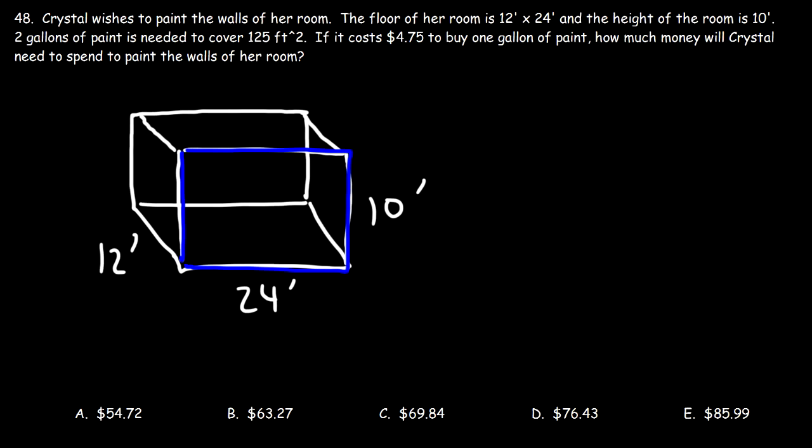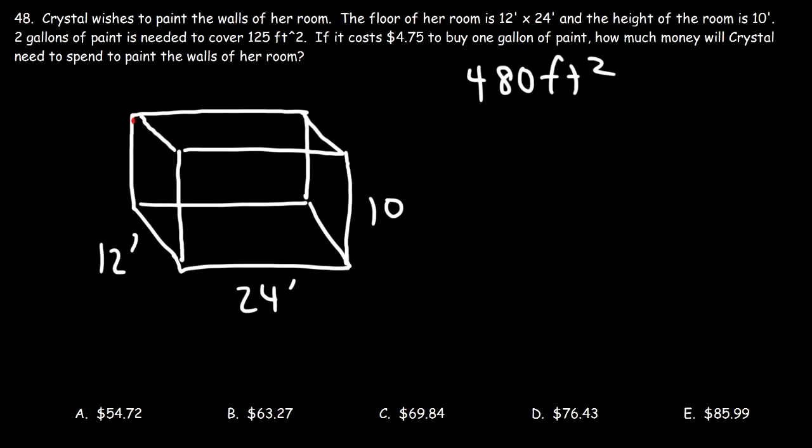And 10 times 24, that's 240 square feet. Now for the wall on the back, that's going to be the same. It's 24 by 10. So combined, it's going to be 240 plus 240, so far that's 480 square feet.